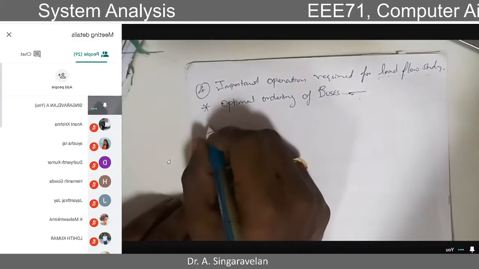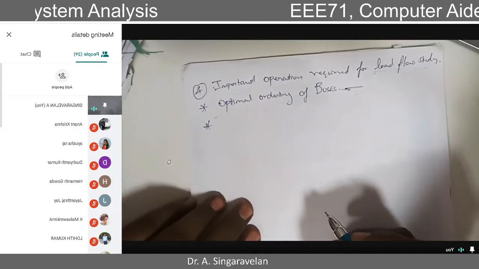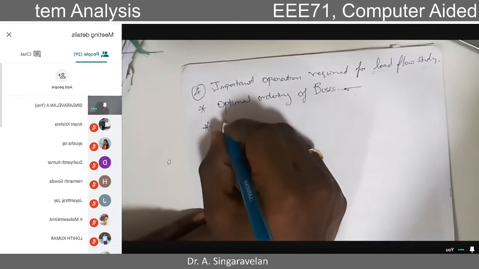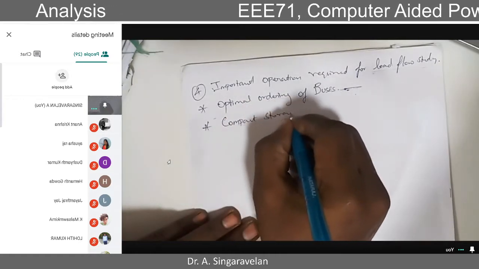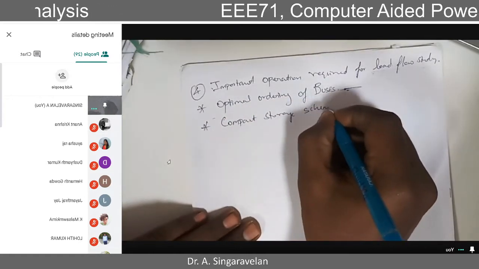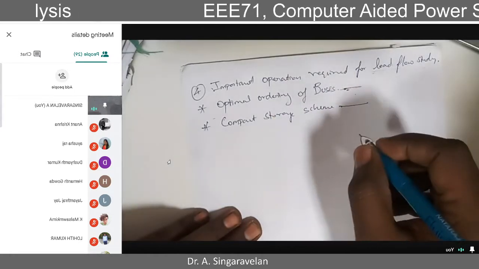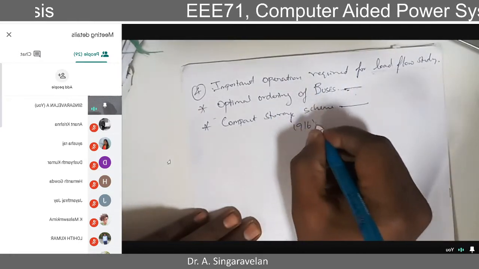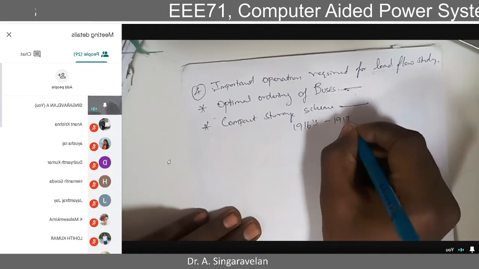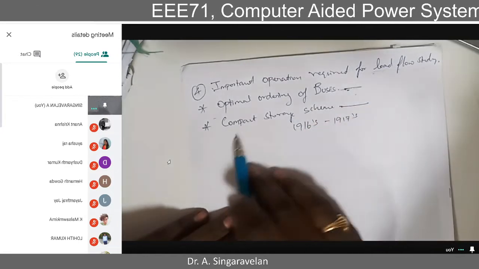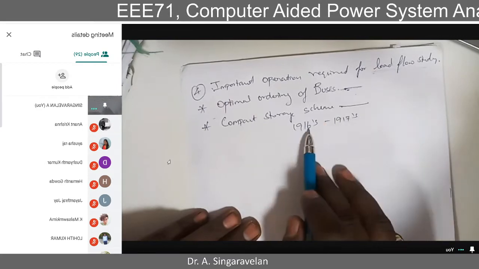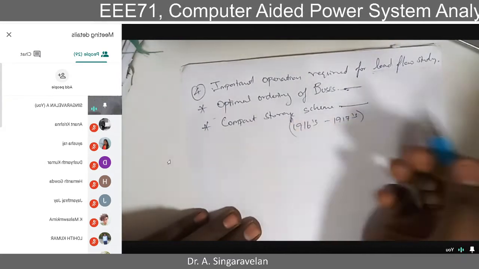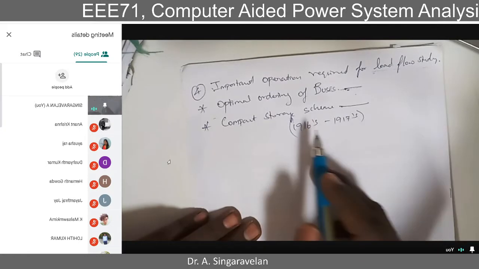Second point is compact storage scheme. In the 1960s or 1970s, there was a problem of making the storage system in the power system network. During that time they gave a lot of schemes on how to make the storage system.